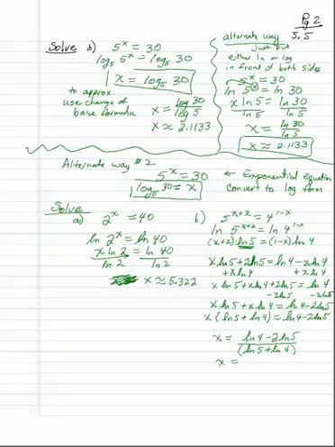So you want to carry a lot of digits. So I just leave it in my calculator actually. You're going to hit ln 4 minus 2 ln 5, hit equals, and then divided by, and then use the parentheses, ln 5 plus ln 4, close parentheses, hit equals, and you should get negative 0.612.